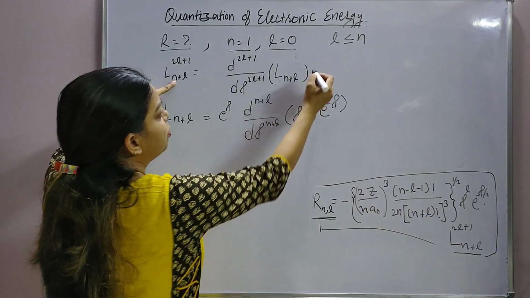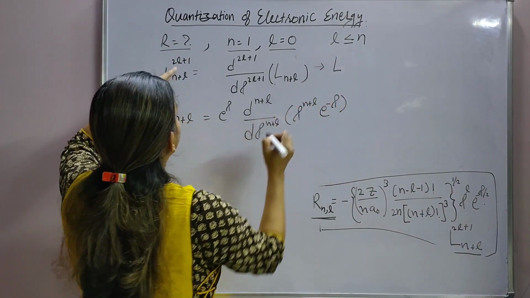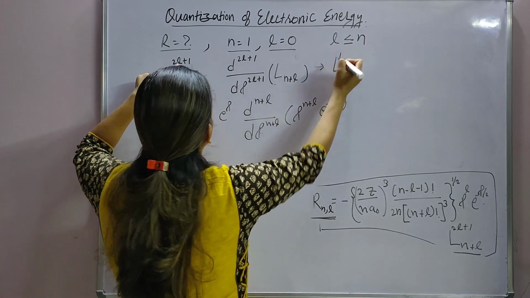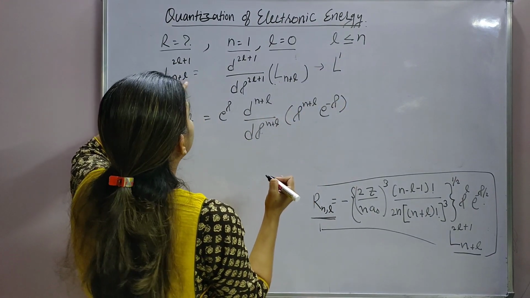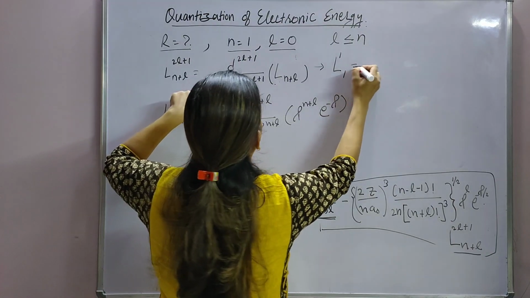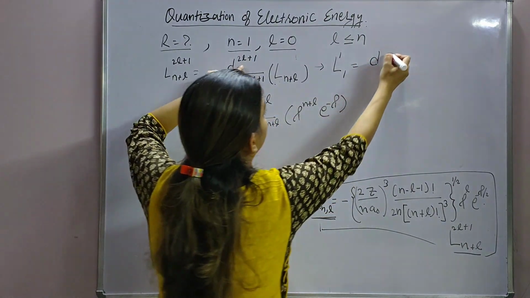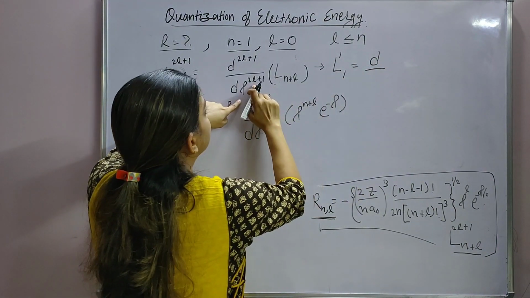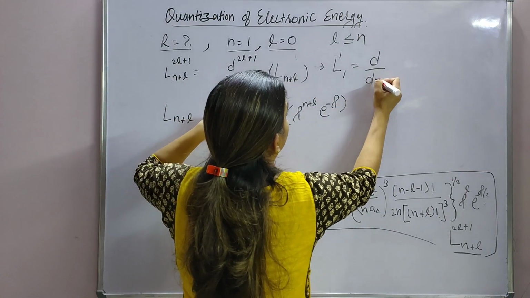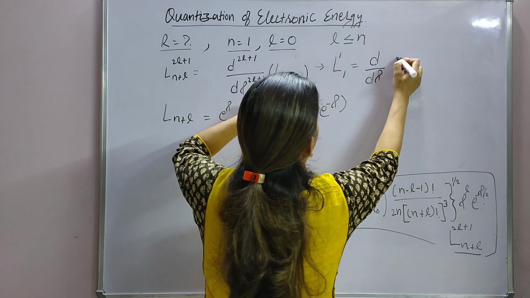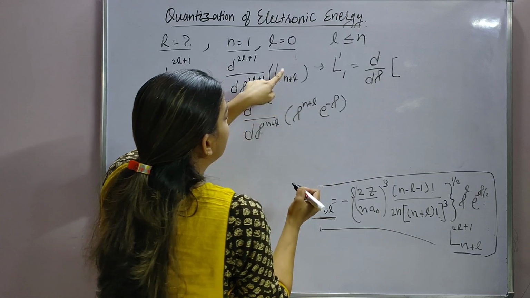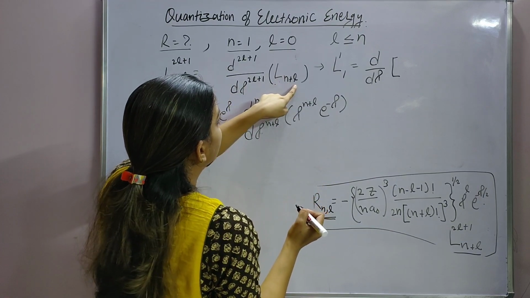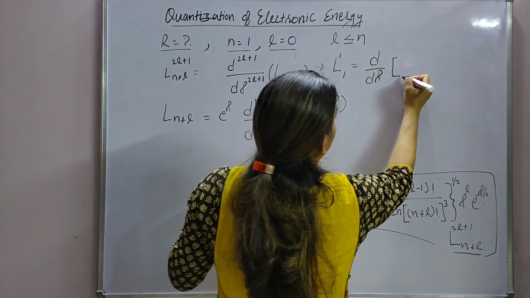From this equation, if l is 0 this is 1, n is 1 and l is 0, again 1, which is equal to d by d rho. And n plus l is again 1.